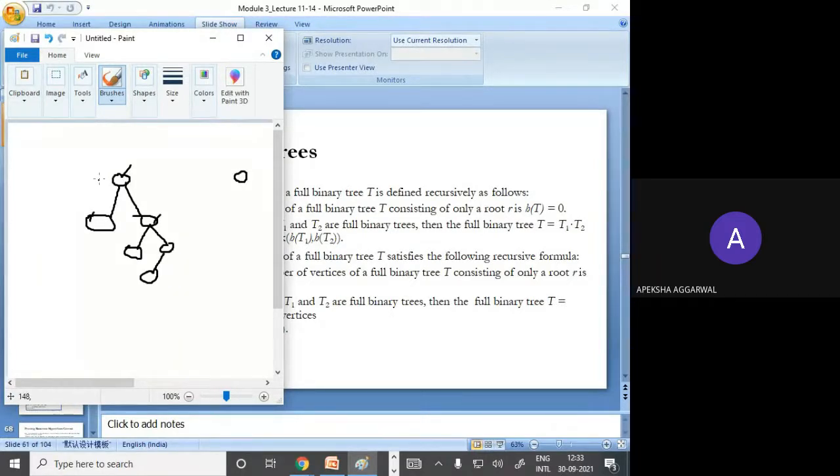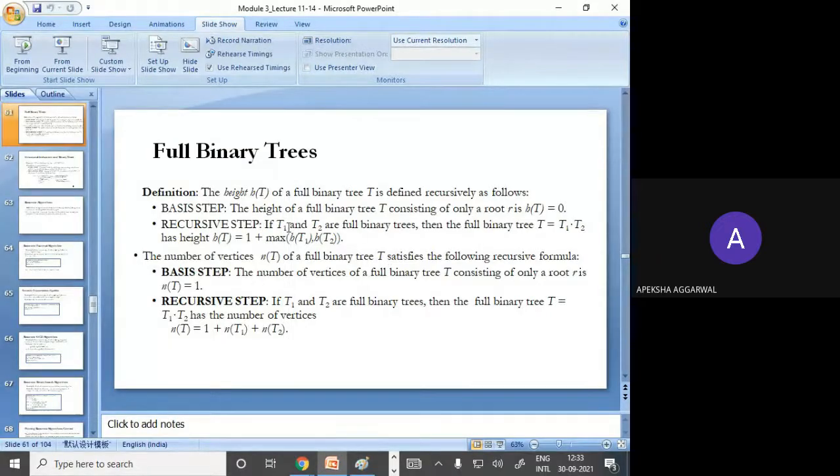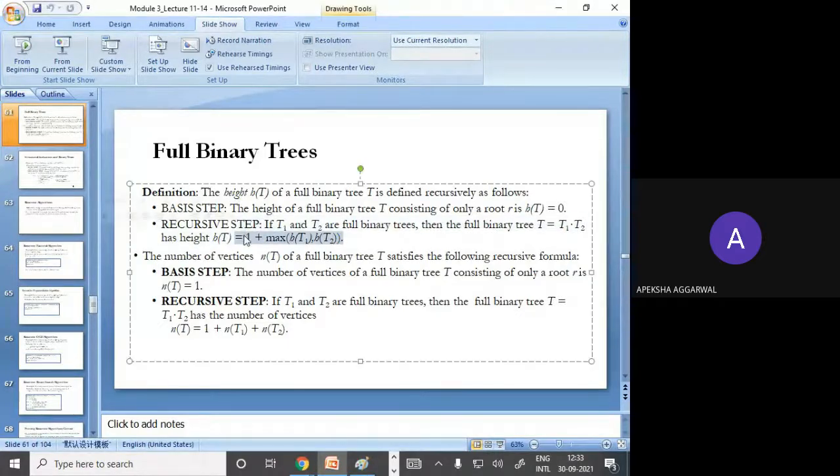Then, if T1 and T2 are full binary trees, then the full binary tree T = T1.T2 has height 1 plus max of height of T1 and height of T2. So this statement, you are able to get it. Height of tree T is 1 plus max of T1 and T2.